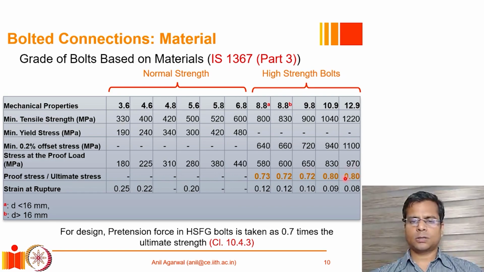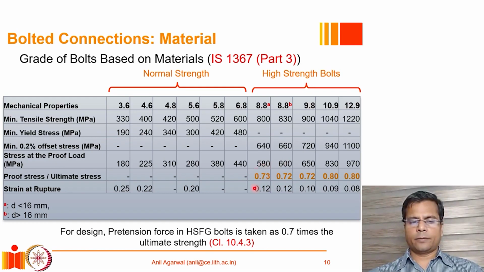For such bolts, if we calculate the ratio between the proof stress and the ultimate stress, the values vary between 0.72 and 0.8, about 72% to 80%. That is the pre-stress level that will exist in the bolt even without any external load, about 70% to 80% of the ultimate strength of the bolt.